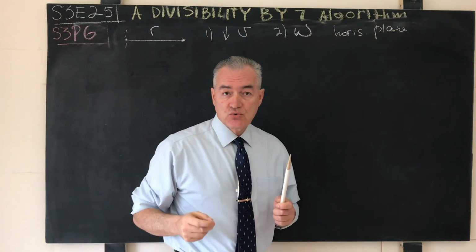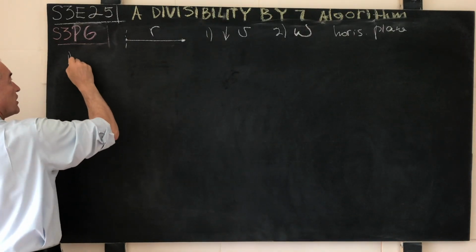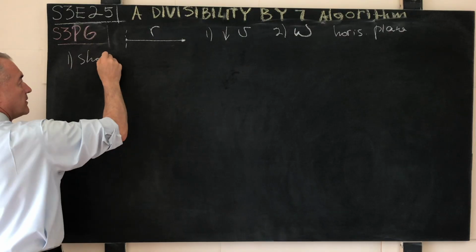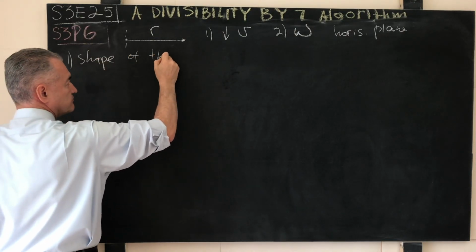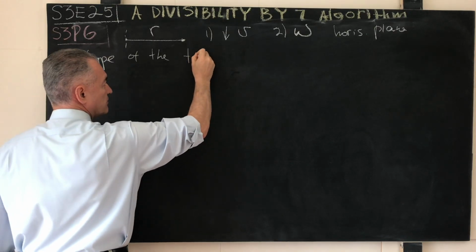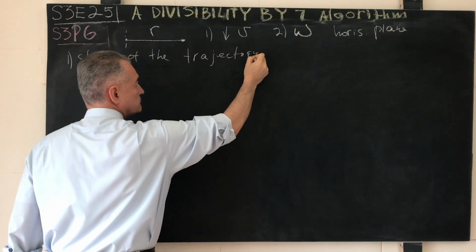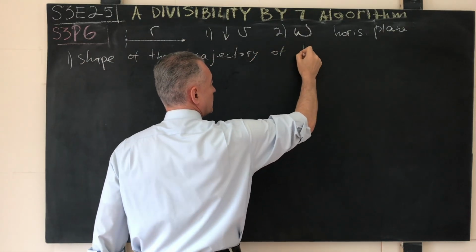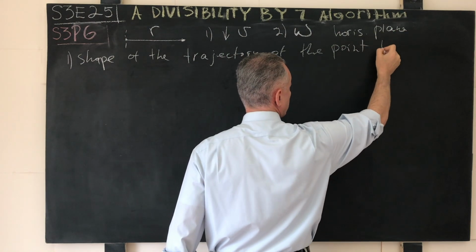We want to find the following things. First of all, we want to recover the shape of the trajectory of the point, let's say B.